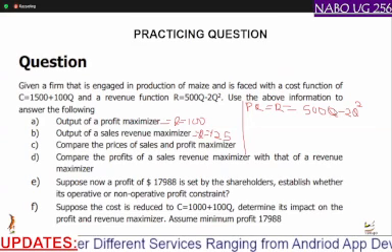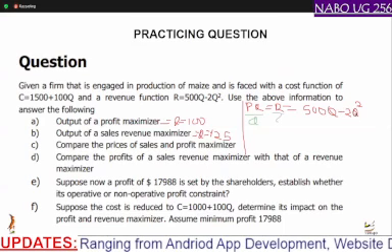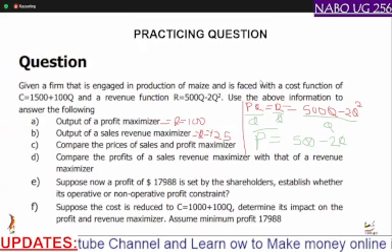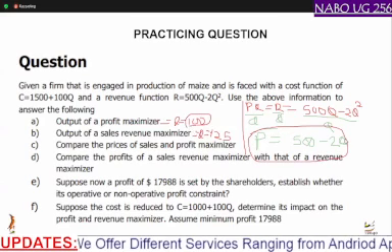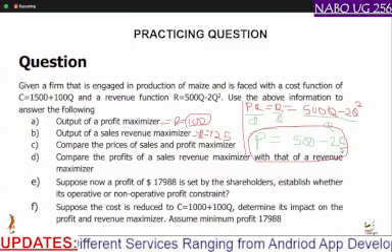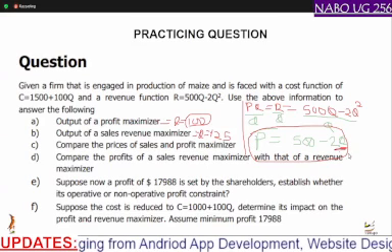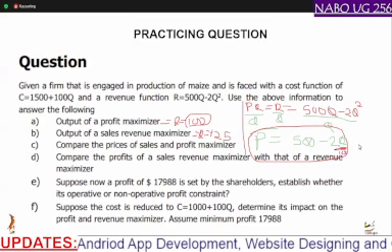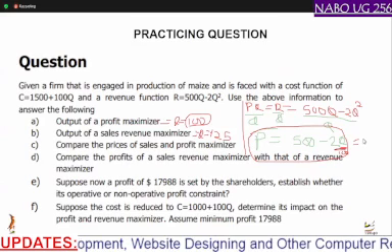Price, divide by Q. Here, divide by Q, divided by 100. So put 100 here. What price will he charge? 300.